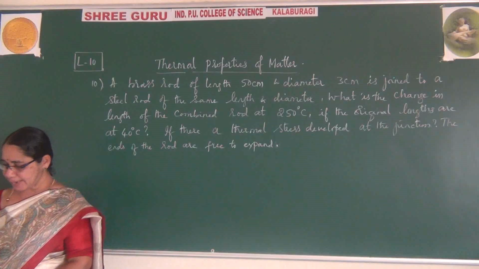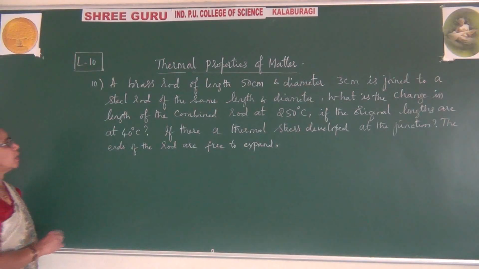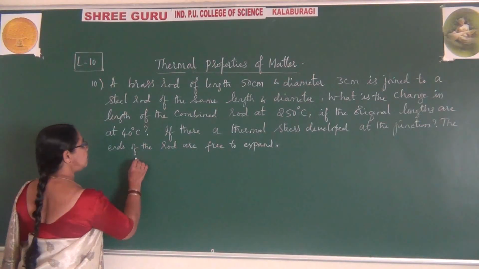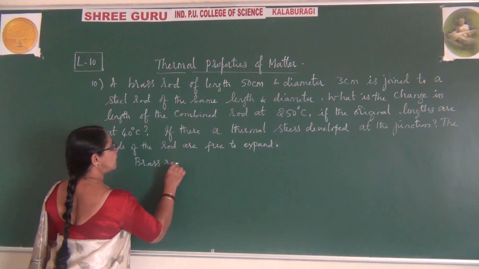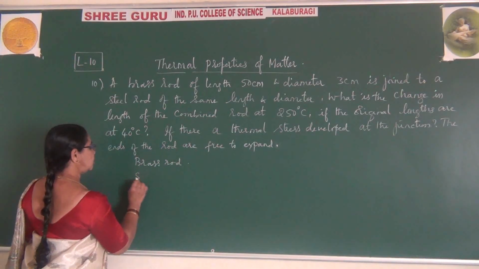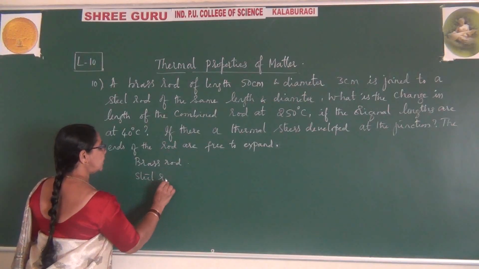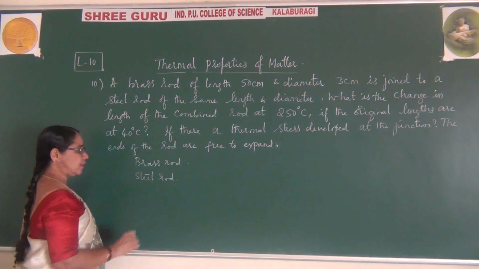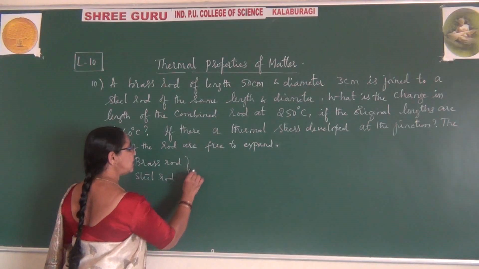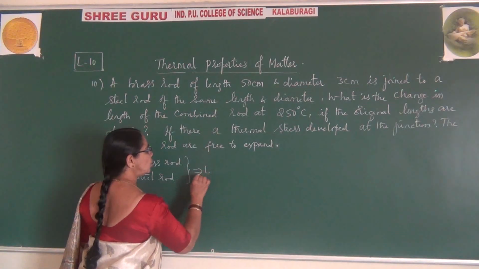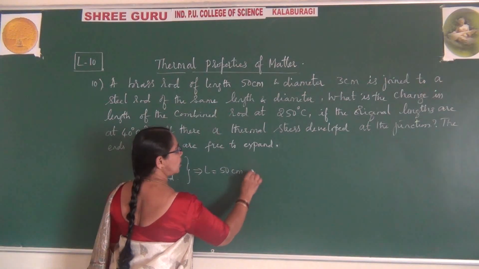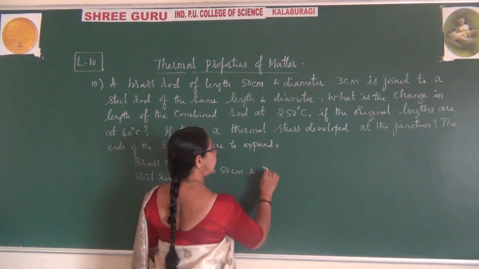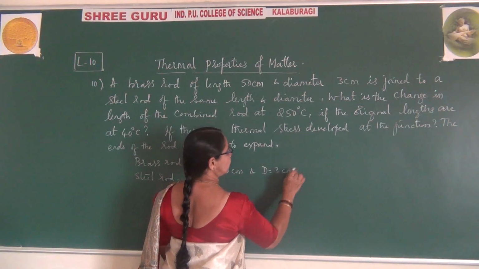First let me write the lengths of the rods. Let me say the brass rod, and one more, the steel rod. Both are there here. Both the rods have the same length, so the length is 50 centimeter, and the diameter is 3 centimeter.